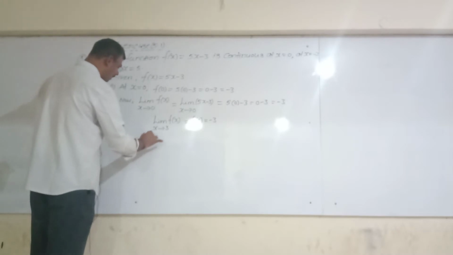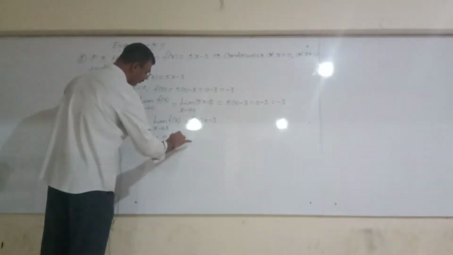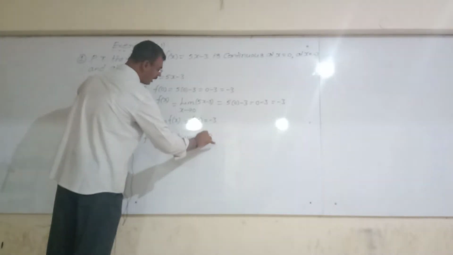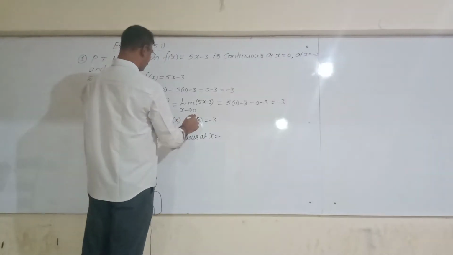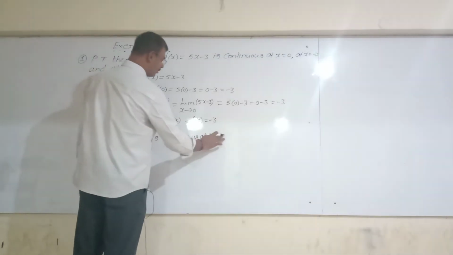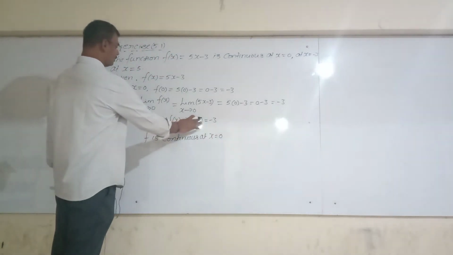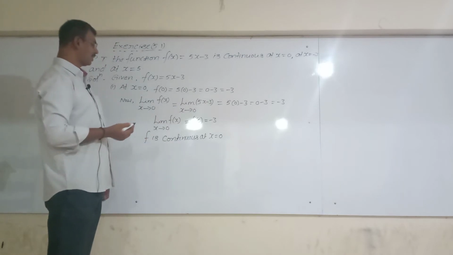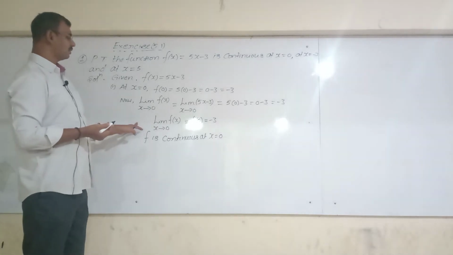Hence, f is continuous at x is equal to 0. So here we got f of 0. Okay, don't make mistakes. f is continuous at x is equal to 0.